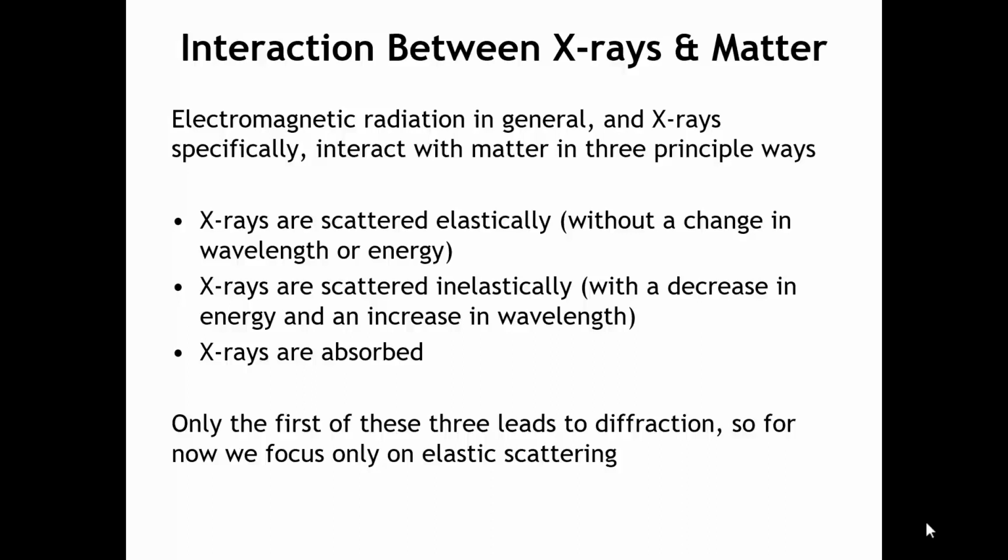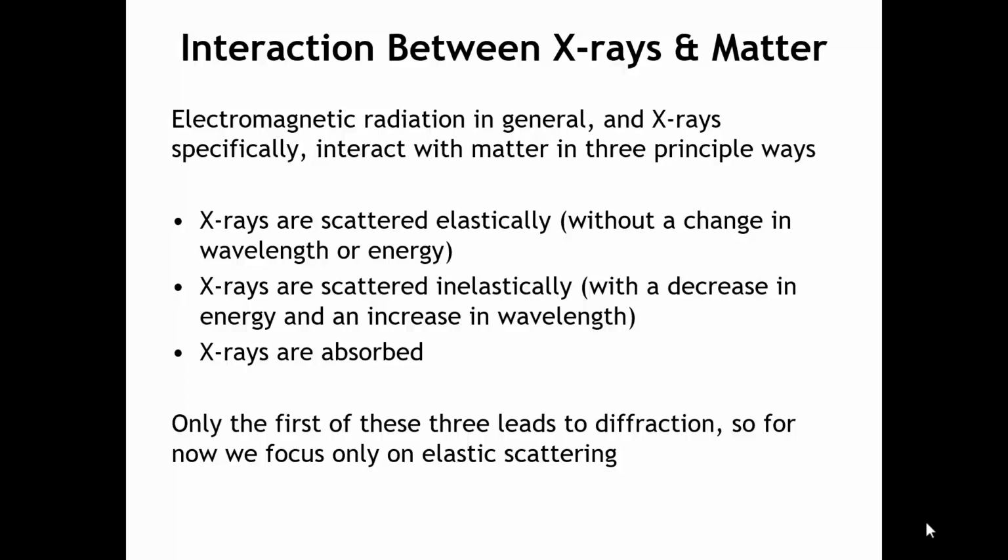So if we think about the interaction between electromagnetic radiation, specifically X-rays, and matter, here we're going to start with just a single electron. We can see that there are three different ways in which the two might interact. The X-rays can be scattered elastically by the electron. What do I mean by that?